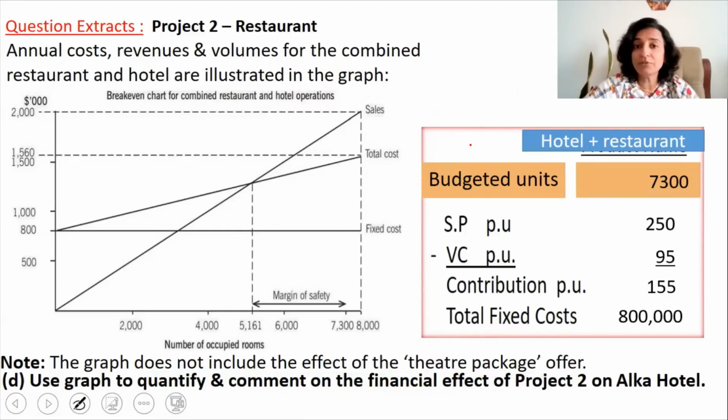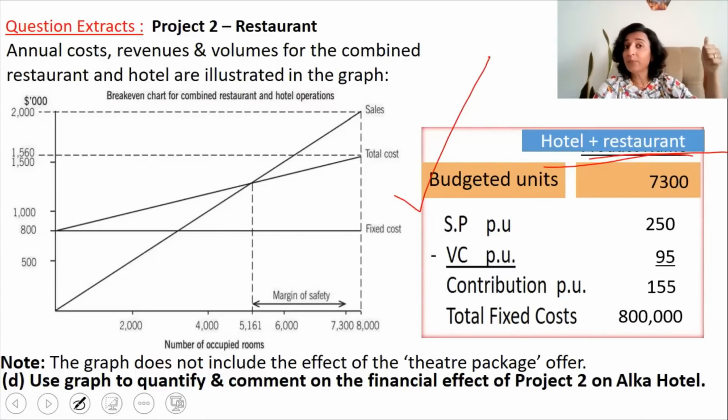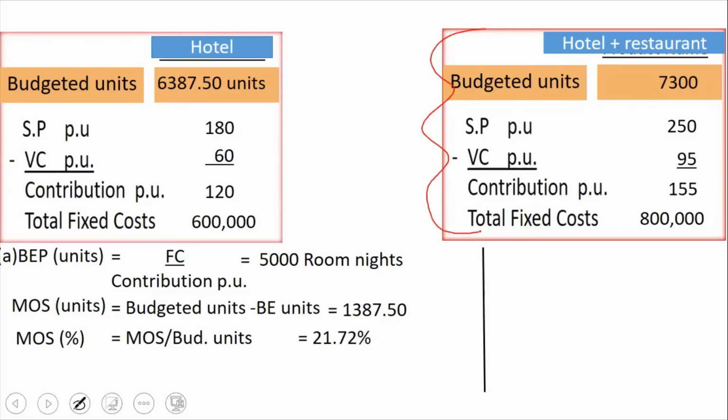So we will keep both the formats, the format that we have prepared now, that is the hotel plus the restaurant, and the format that we prepared in part A, that is for the hotel only, side by side, and then we will make a comparison. Okay, so I have just copied the hotel plus the restaurant on the right side, and this is the information that we had got from part A of the question.